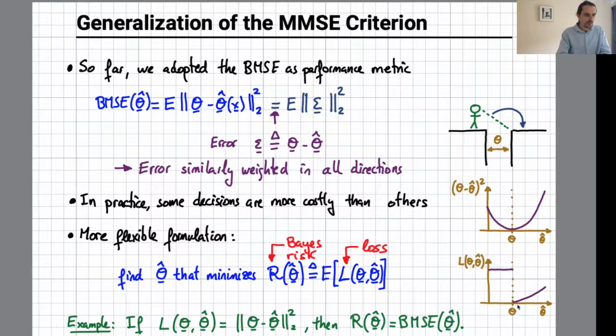And whenever theta hat is greater than theta, it makes sense to set this to be some increasing function, because as we said, overestimating theta has some small cost in terms of additional energy consumption, or perhaps an increased risk for our joints or something like that.